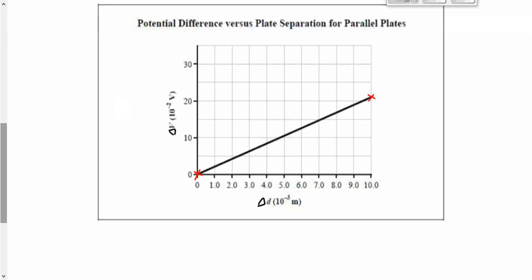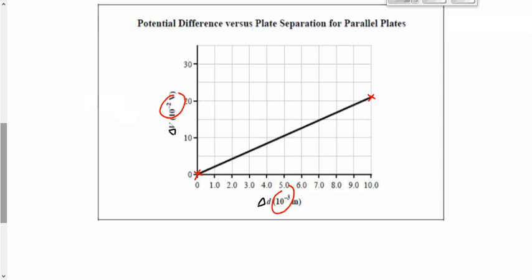Maybe right here. It's not going to be perfect because it's difficult to see exactly what that is. I'm going to say around 21-ish. 21 minus 0 over 10 minus 0, and it gives us, oh, look at this. What did I miss? 10 to the negative 2. That should be pretty much the first thing I look at, right? Is our axis of our graph.